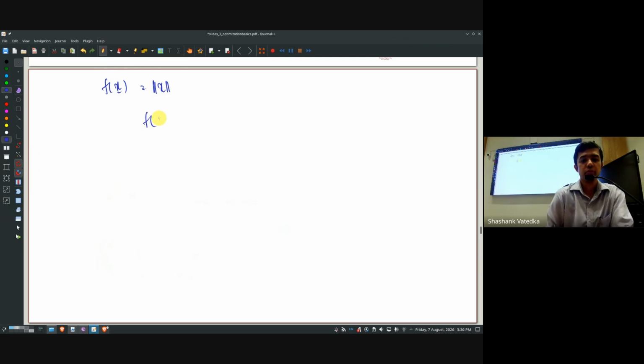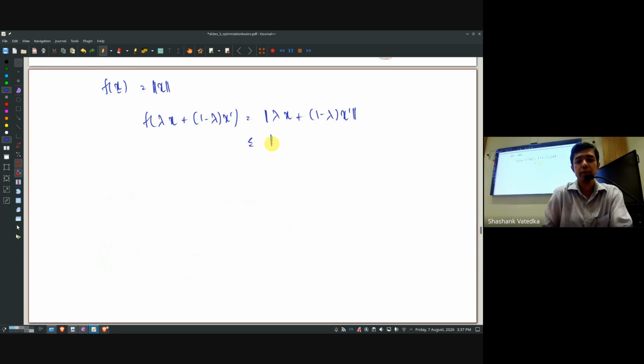So f of lambda x plus 1 minus lambda x prime is the norm of lambda x plus 1 minus lambda x prime, which by triangle inequality is less than or equal to the norm of lambda x plus the norm of 1 minus lambda x prime.